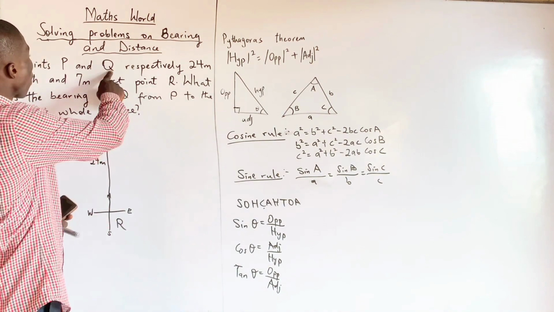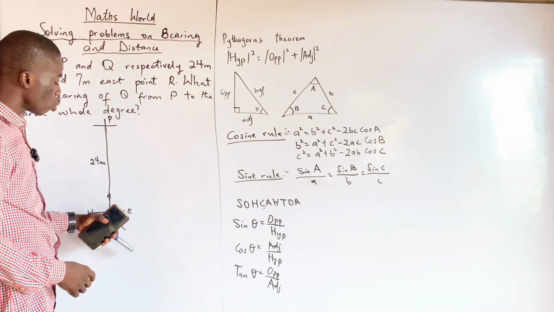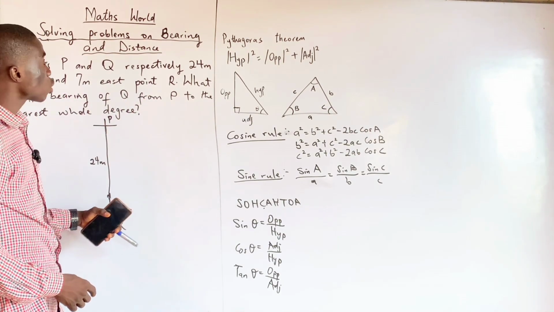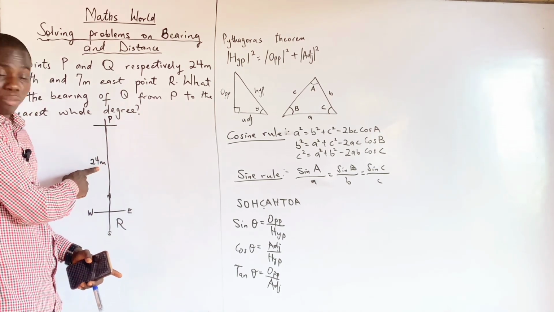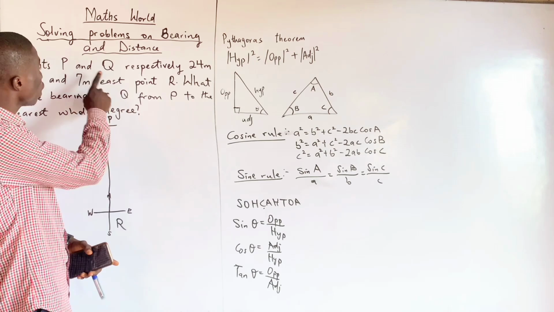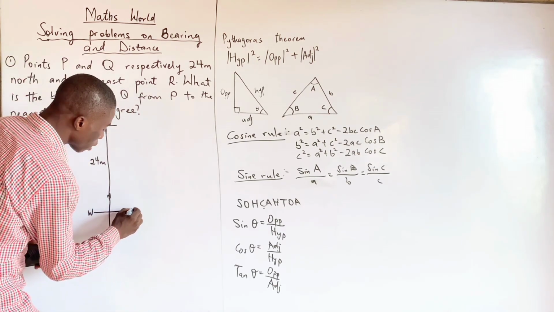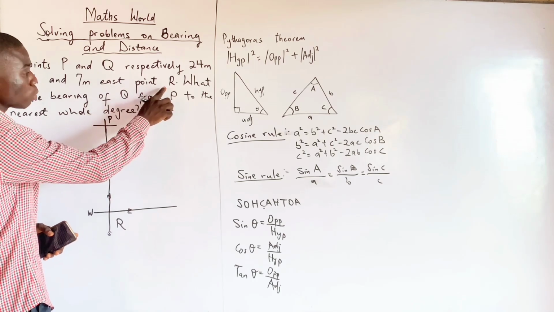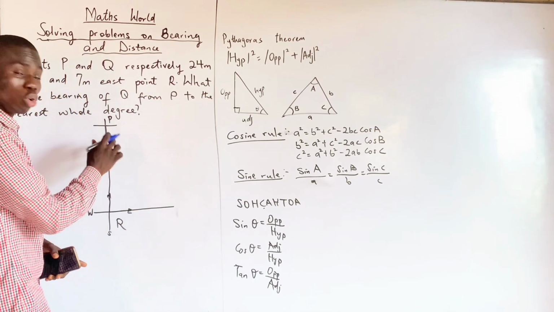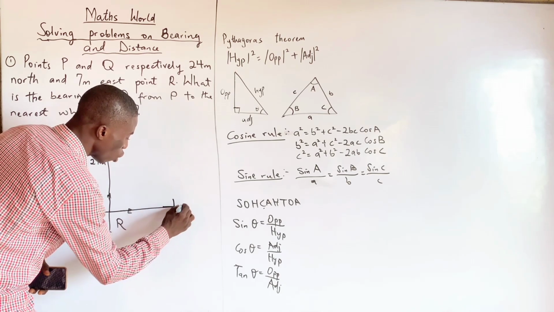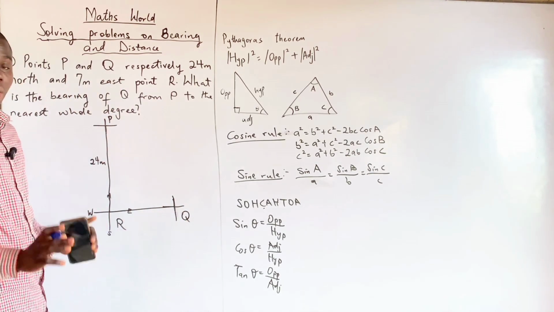And they said point Q is 7 meters east of point R. Remember, this R to this P is 24. Now I will just draw it going like this because they said east of point R. So I will just stop here so that it won't look complicated. So I will just draw my north, south, east here, and I put point Q here. Now you have formed it.